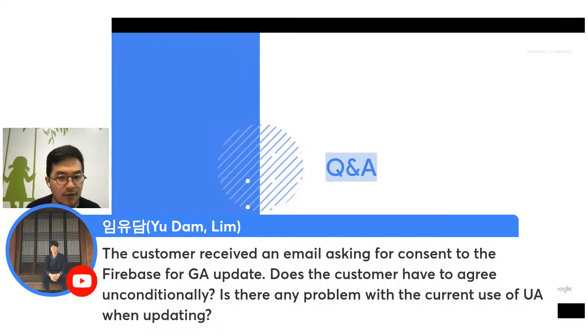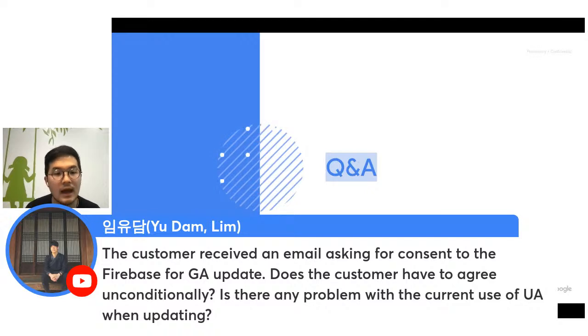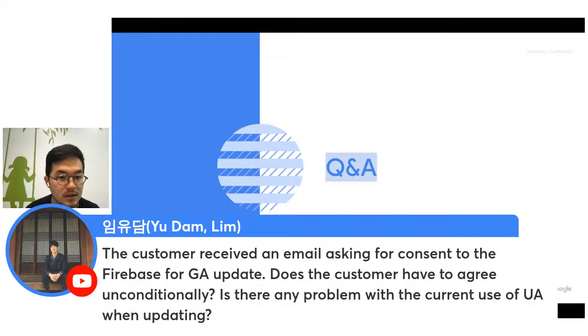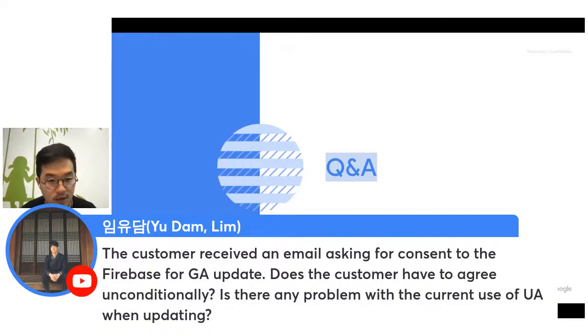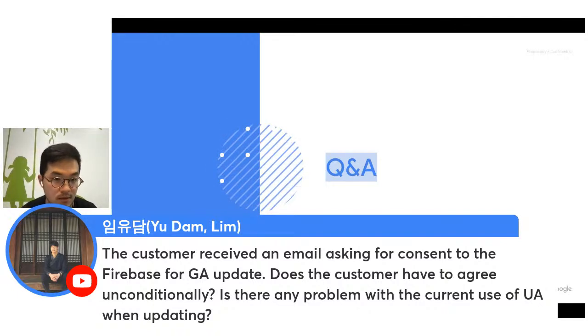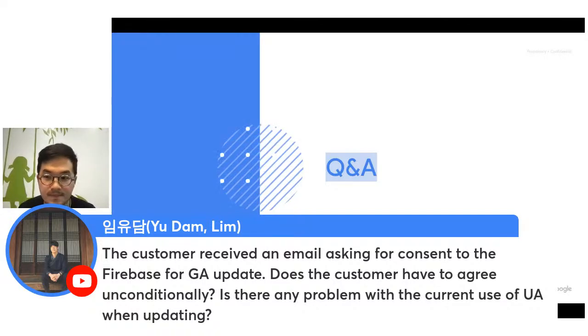For the first question, does the customer have to agree unconditionally? I would say if the customer is using GA4 Firebase and also wants to integrate their web data and app data together, GA4 would be the choice, and then he or she should be upgrading. Yeah.